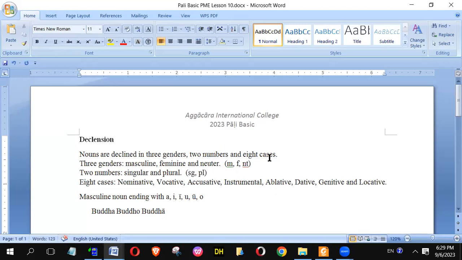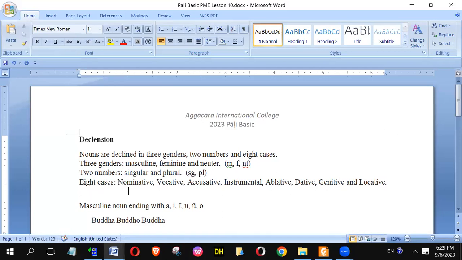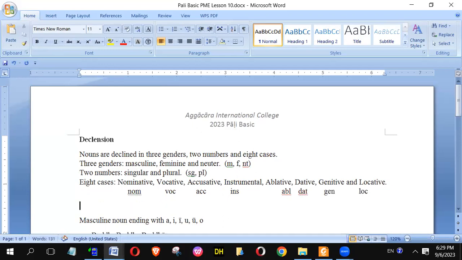And 8 cases: nominative, vocative, accusative, instrumental, ablative, dative, genitive, and locative. Today I think we will learn as much as we can.